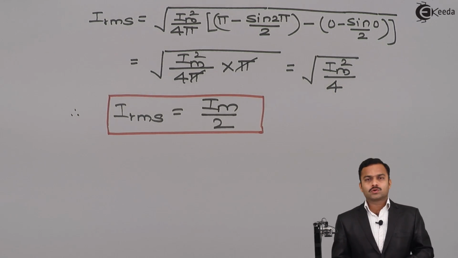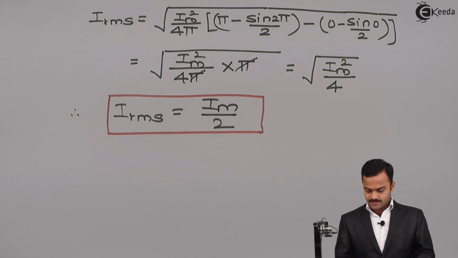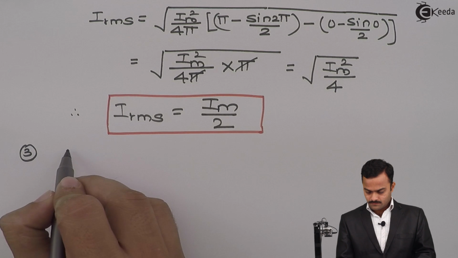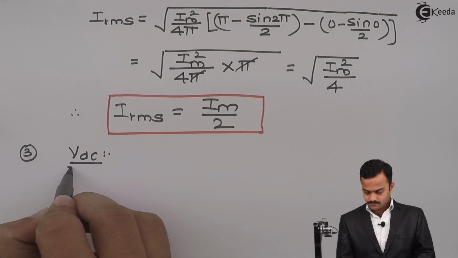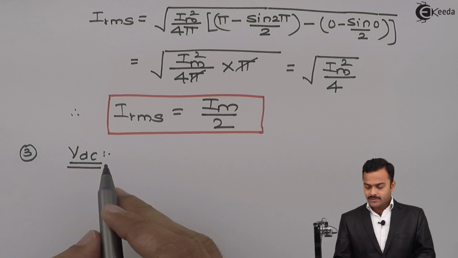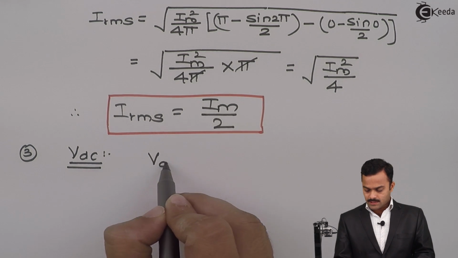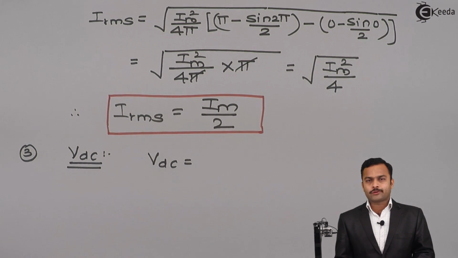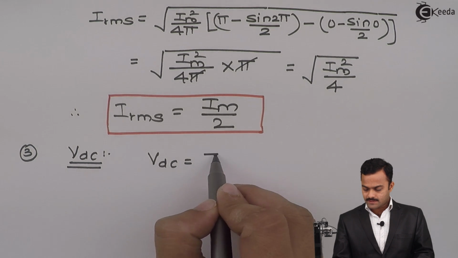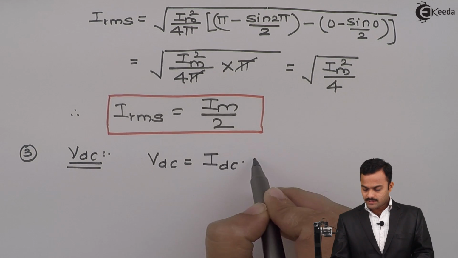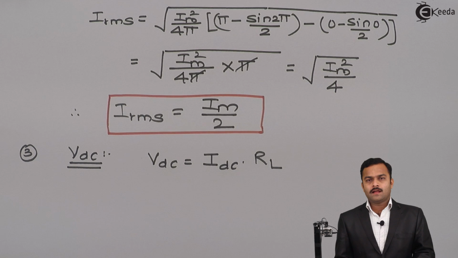Let's move to the next parameter and that is output voltage Vdc. So as we know, Vdc is nothing but voltage across load resistance and given as IDC multiplied by RL.